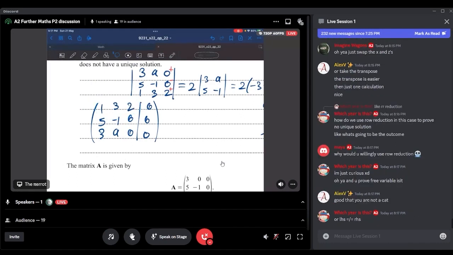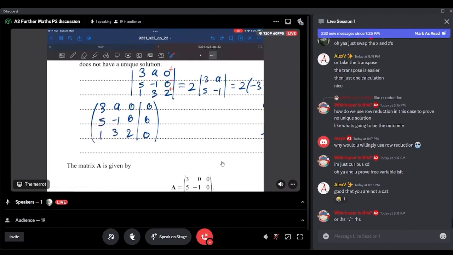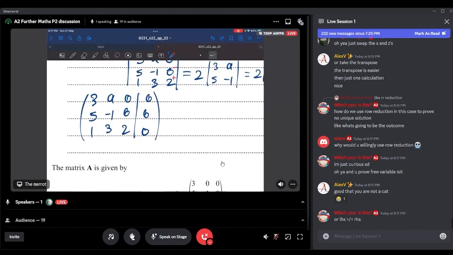But the point is that you do row reduction and you make all these terms 0. But as you do that, you'll also change these numbers here, and you find for what a things will not work. You have to find the a so that things will not work.